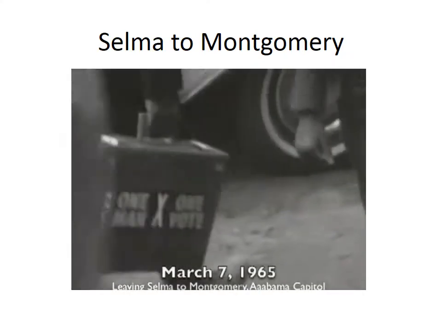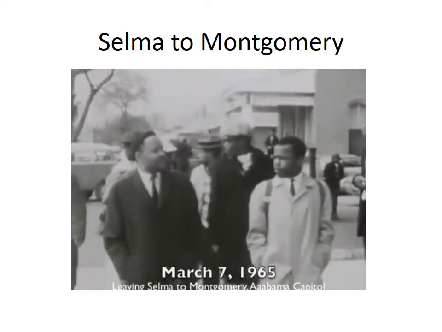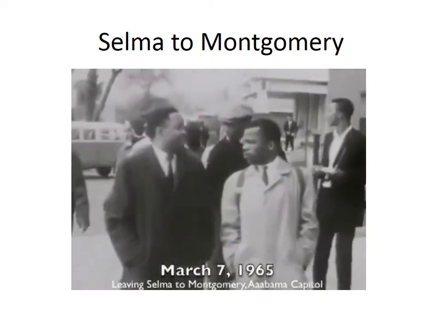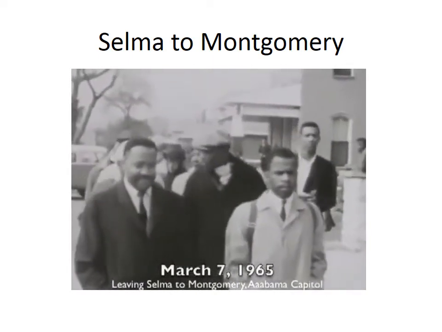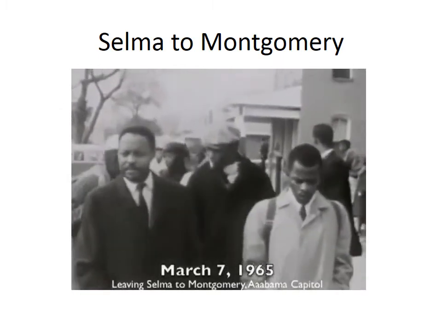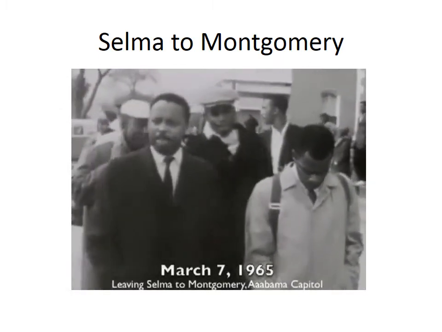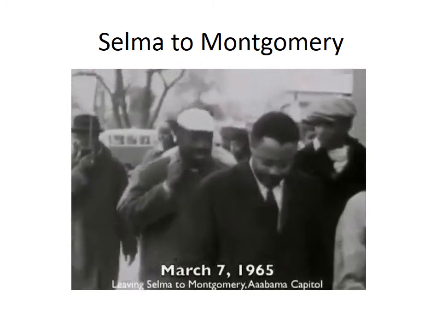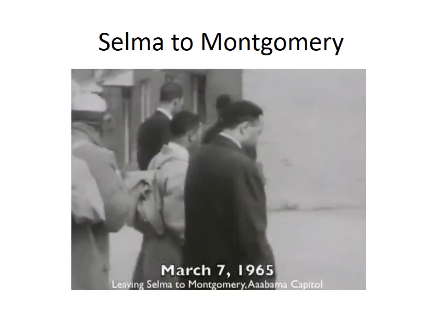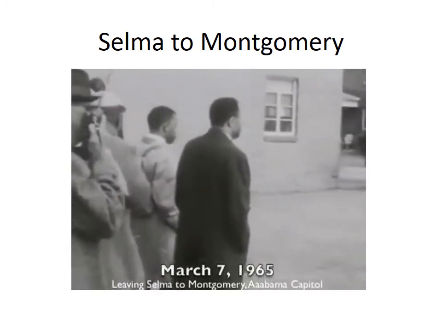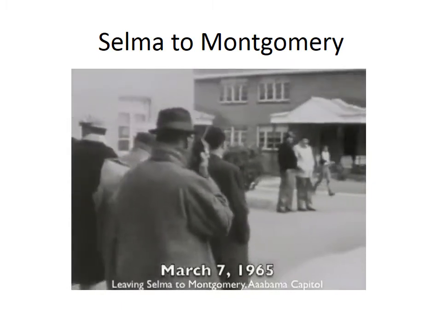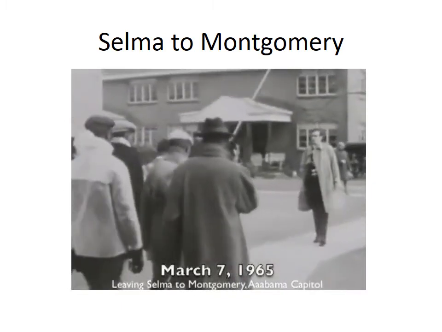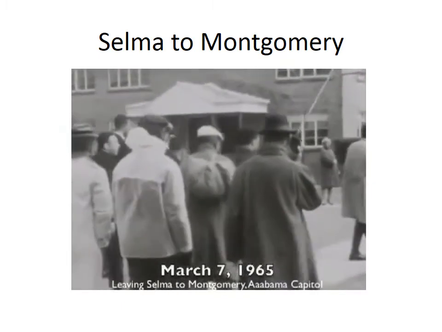600 people gathered at Brown Chapel AME Church on Sunday, March 7th, to begin the march to Montgomery. Brown Chapel AME Church on Sunday, Dr. King was preaching in Atlanta. Hosea Williams and John Lewis led the march. King was preaching in Atlanta. Lewis chose to march even though his organization, the Student Nonviolent Coordinating Committee, opposed SCLC's strategy and decided not to take part.